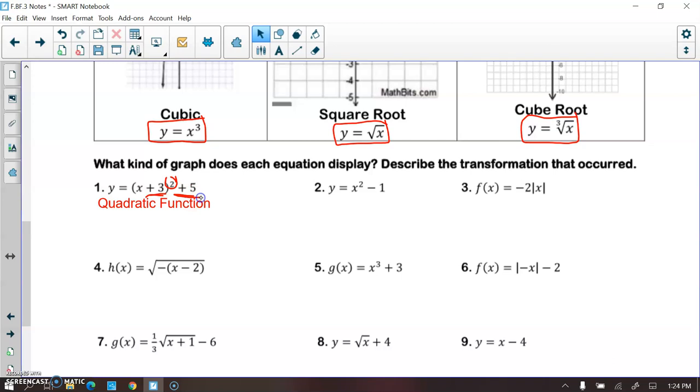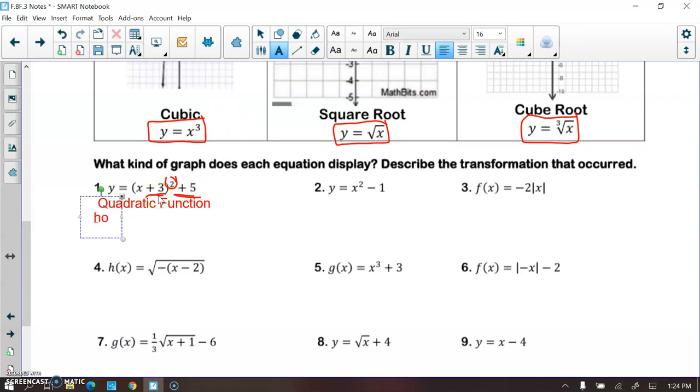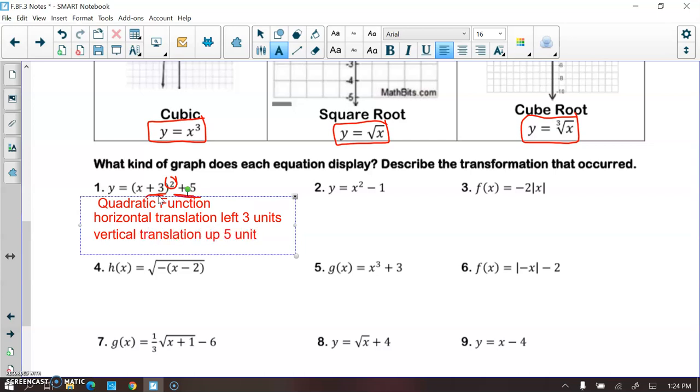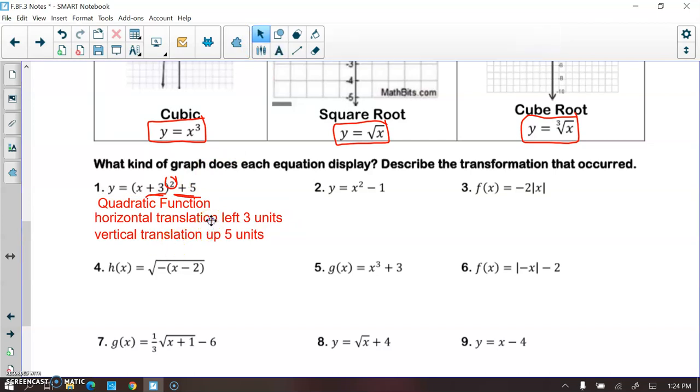And then we have a plus 5 on the outside, so that is a vertical translation up. So we have a horizontal translation left 3 units, and a vertical translation up 5 units. And that is all that happened to this quadratic function.